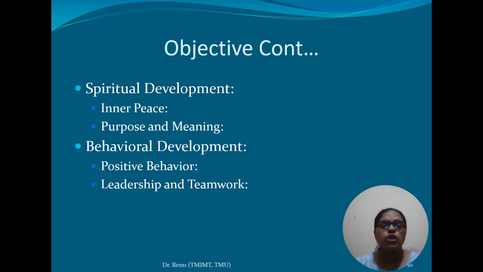Value education also helps to promote inner peace and mindfulness, encouraging students to find balance and harmony within themselves. It also helps students discover a sense of purpose and meaning of life, guiding them towards a fulfilling and meaningful life.